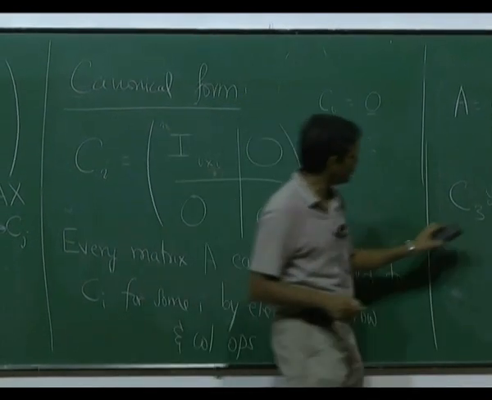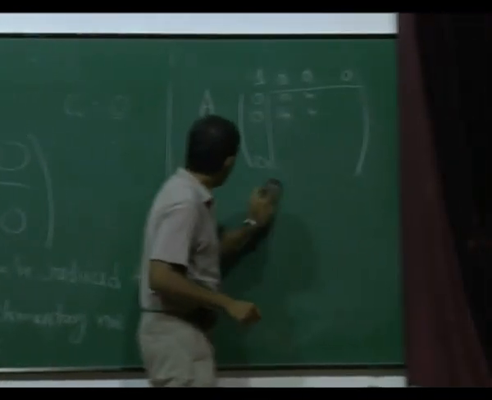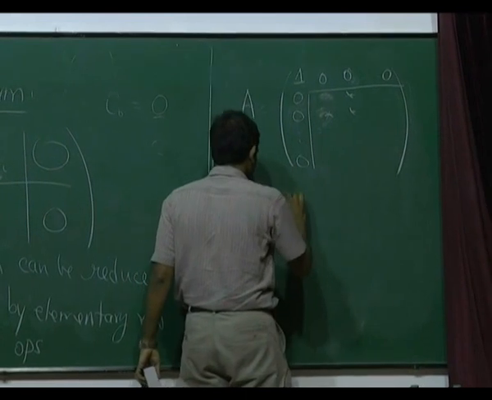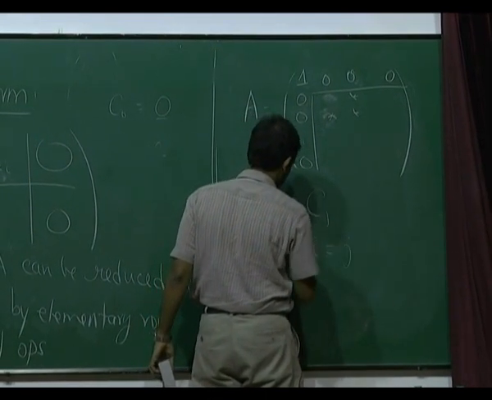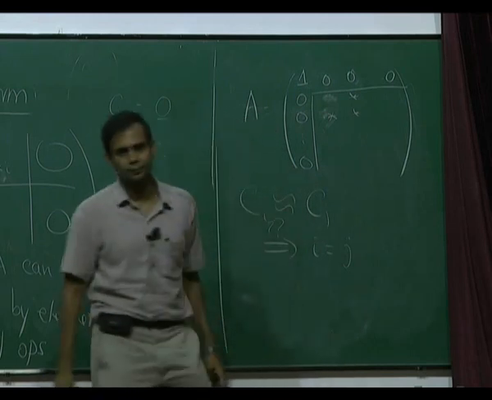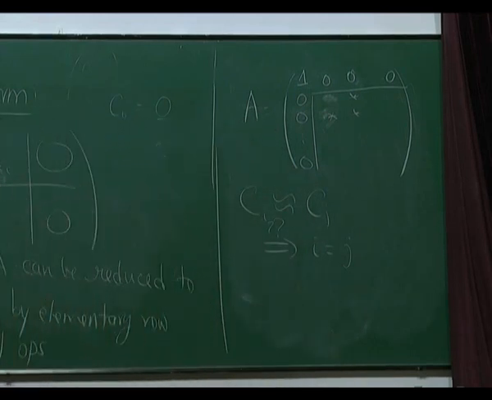So we need to make sure that if Ci is equivalent to Cj, then i equals j. Is this true? And this is where the notion of rank comes to the rescue, as I was saying earlier.